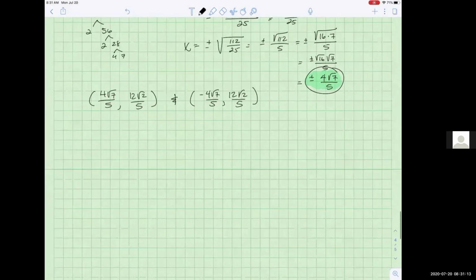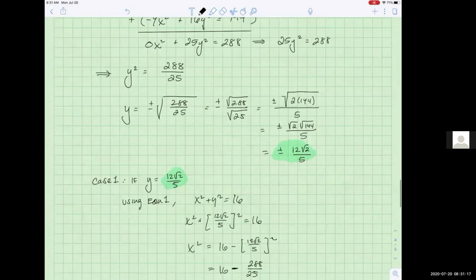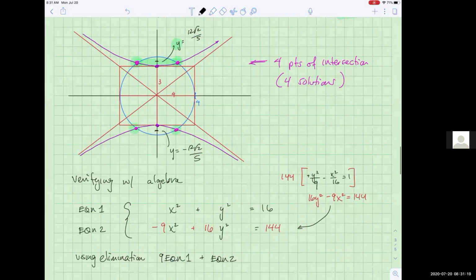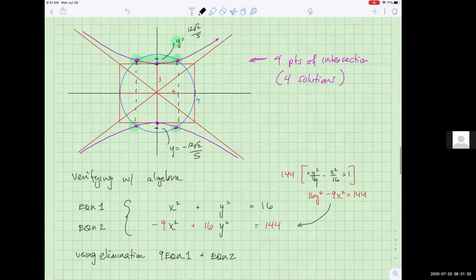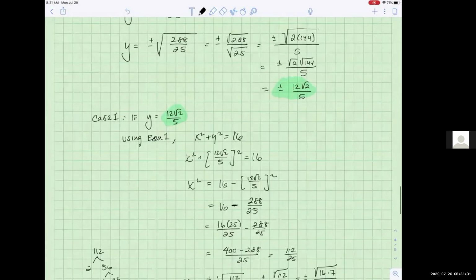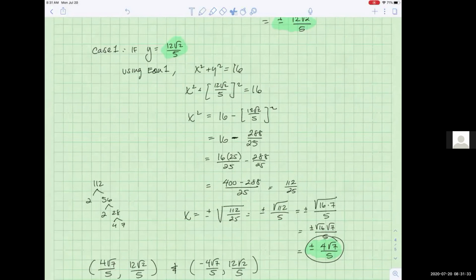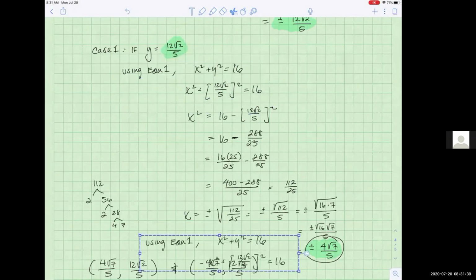For case 2, one could argue by symmetry here. If you realize that this is symmetric, then you could probably already guess that the negative y value, negative 12 root 2 over 5, is going to generate the same x values. And you can see that from this calculation, right? If I just steal this calculation here, duplicate, bring it down here.